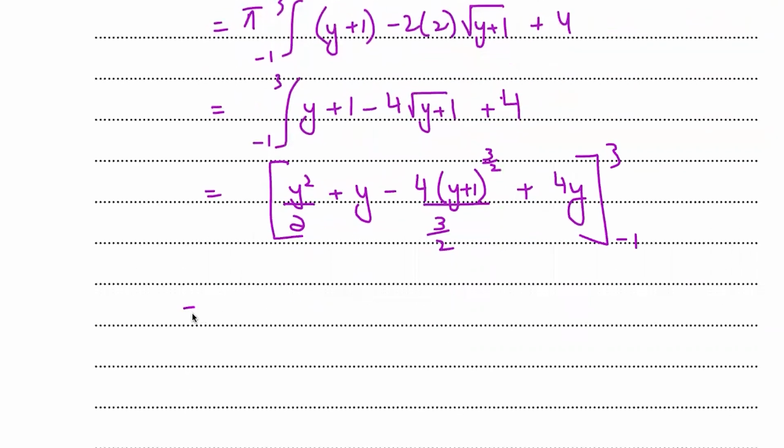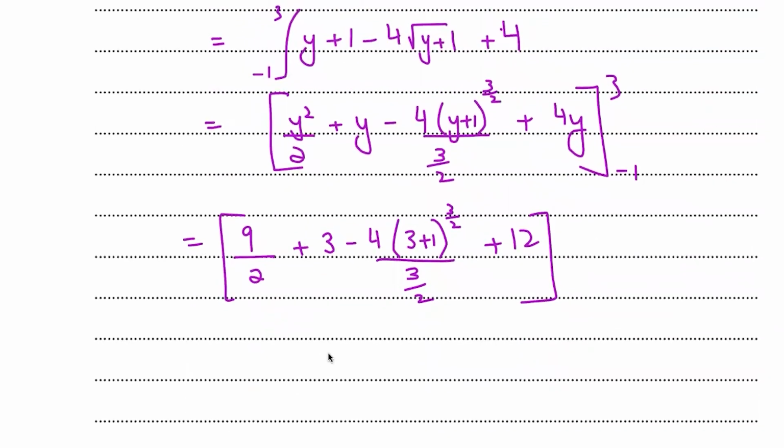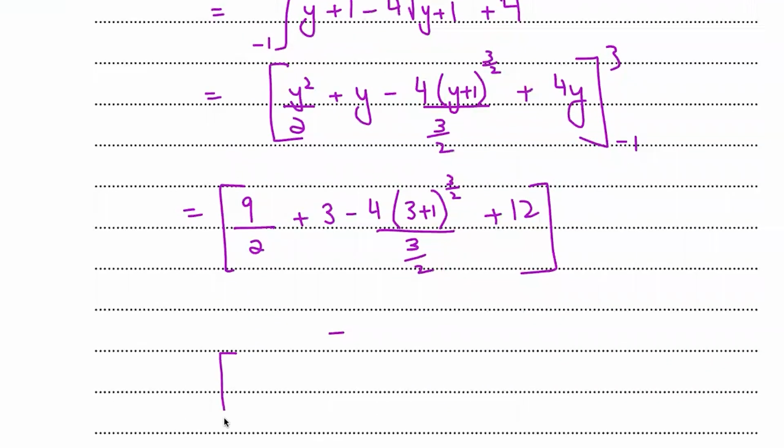First we'll substitute 3 into the equation. We get 9 upon 2 plus 3 minus 4 times (3 plus 1) to the power 3 upon 2 divided by 3 upon 2, plus 4 times 3, which is 12. And then we'll subtract the lower limit, which is minus 1.